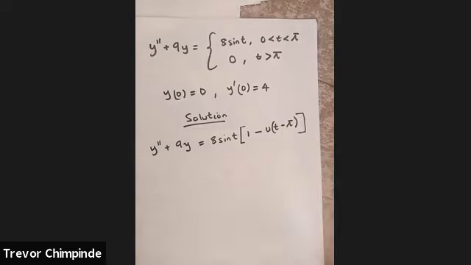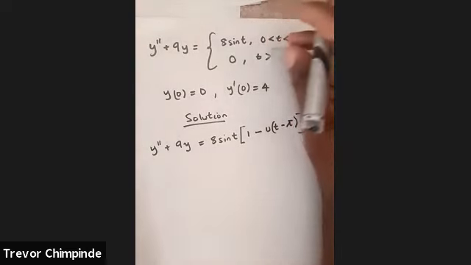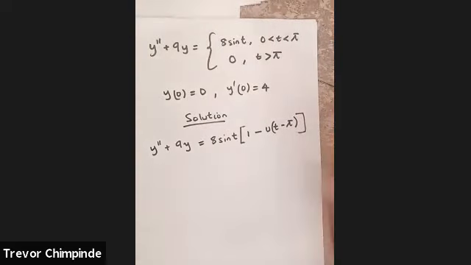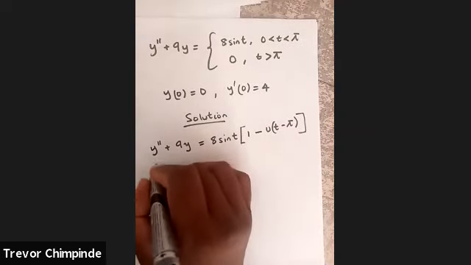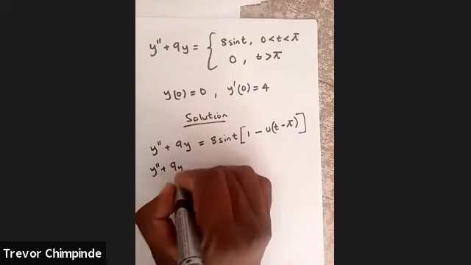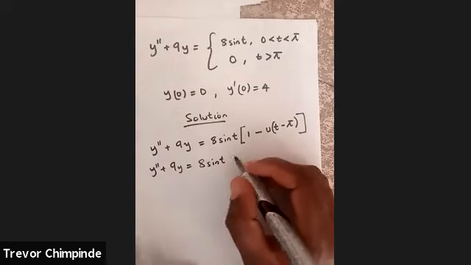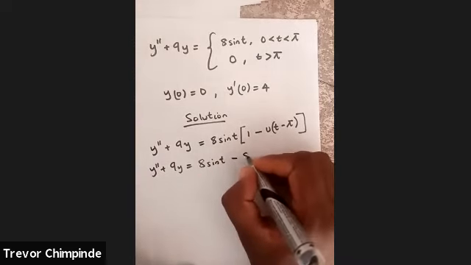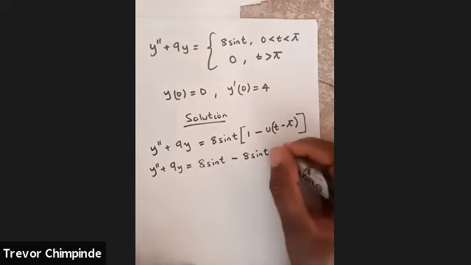Because it's between 0 and pi, it's 8 sine t, and it's 0 when t is greater than pi. So y double prime plus 9y is 8 sine t minus 8 sine t, then the unit step u(t minus pi).